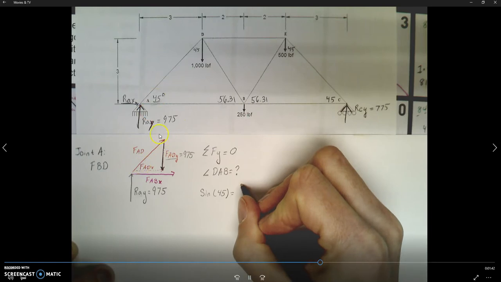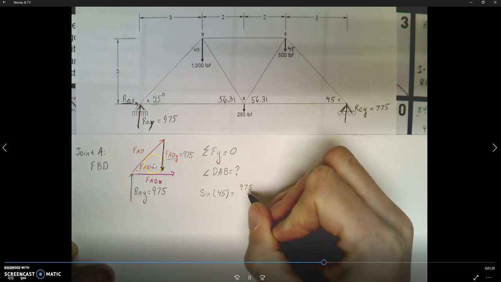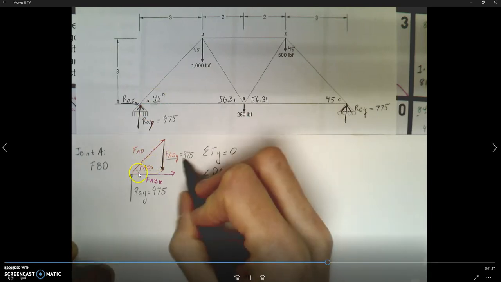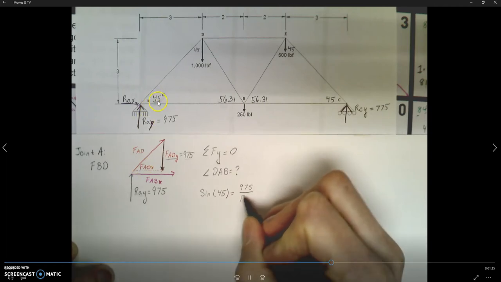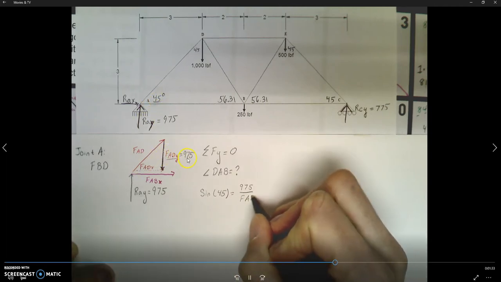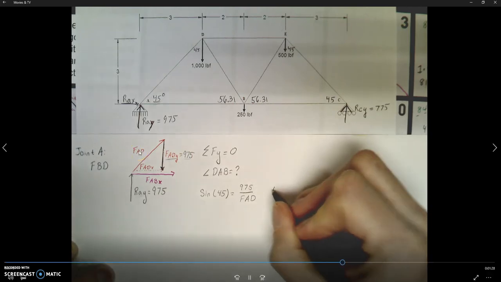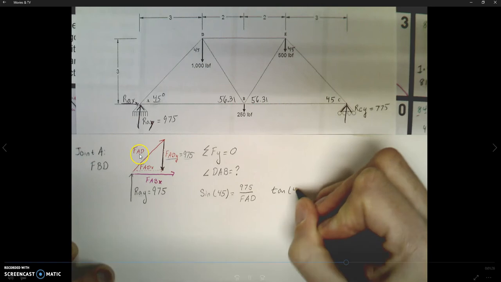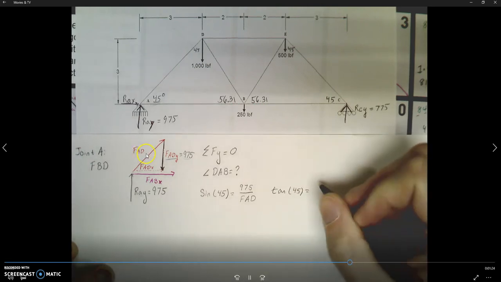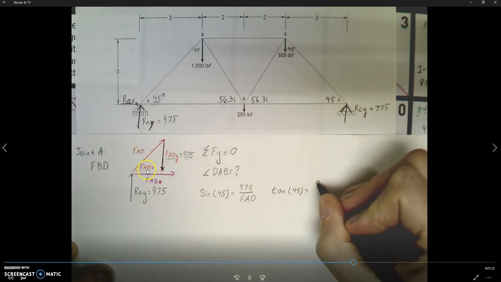Now we're going to solve this red triangle. We have the sine of 45, the angle right here, equals the opposite, 975, over the hypotenuse. That's how we find the force of AD. Then how do we find the force of ADX?